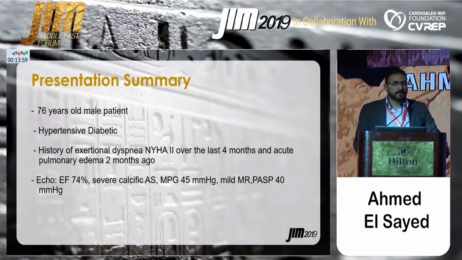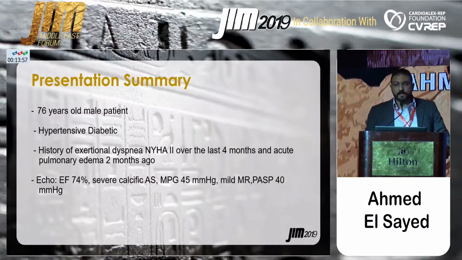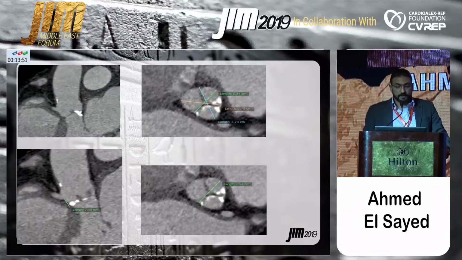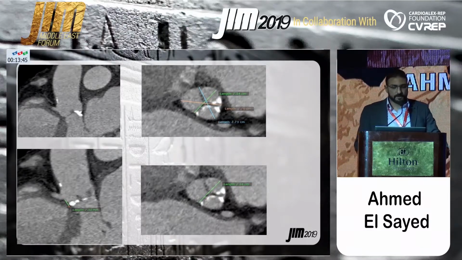And we had a heart team meeting that was in favor of TAVR. You can see from the multi-slice CT that we did before proceeding to TAVR that the patient had two problems regarding his coronaries.